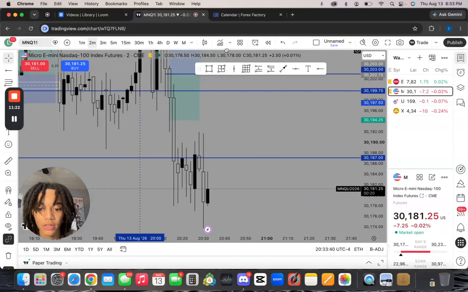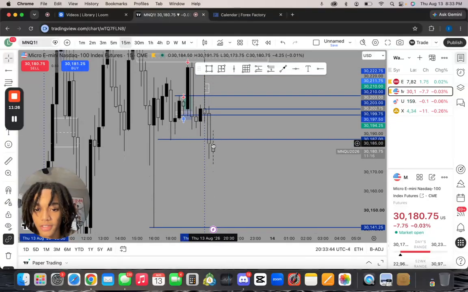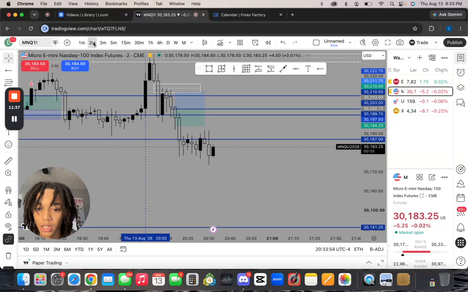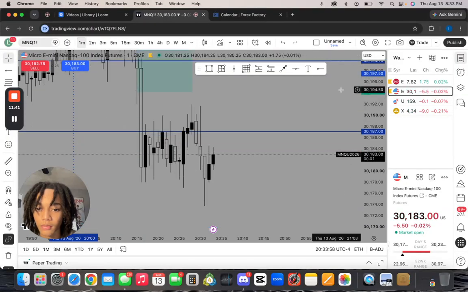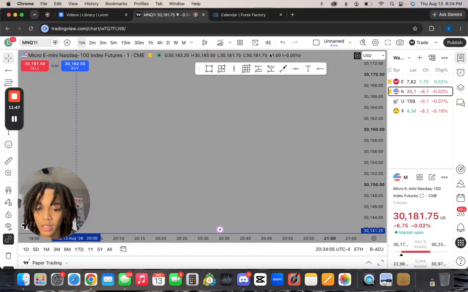But those are my trade recaps. And yeah, so we closed below on the 15-minute here, so I'm probably thinking that shorts are going to play out a little bit more for tonight. Waiting for a fair value gap, probably this fair value gap, and probably going to go ahead and dump.